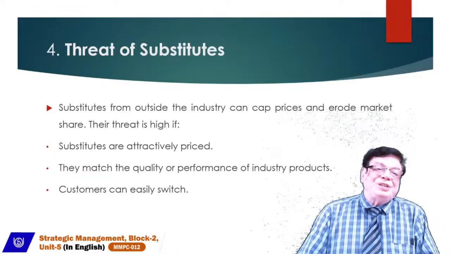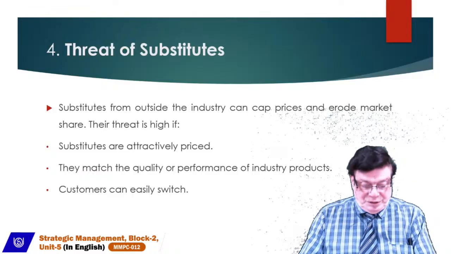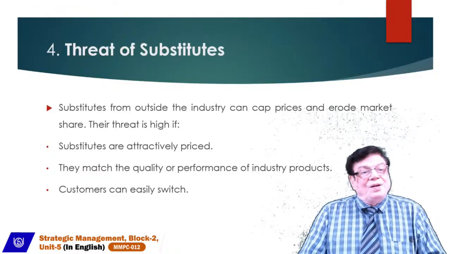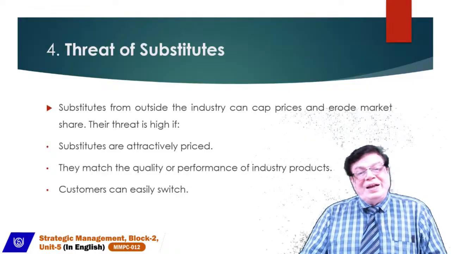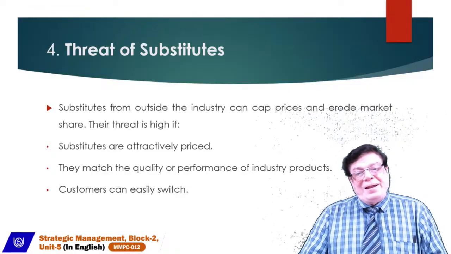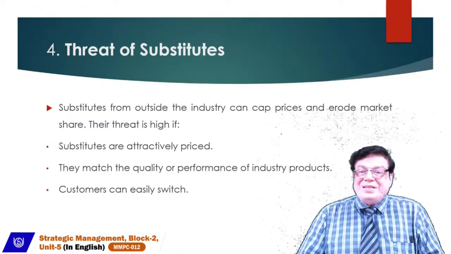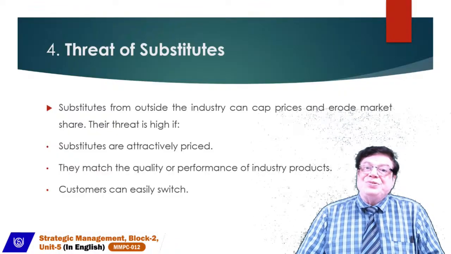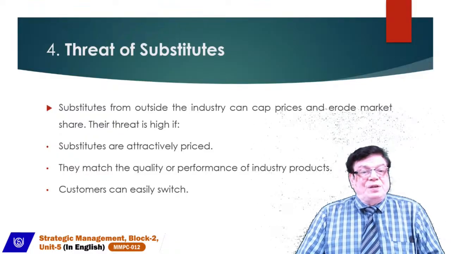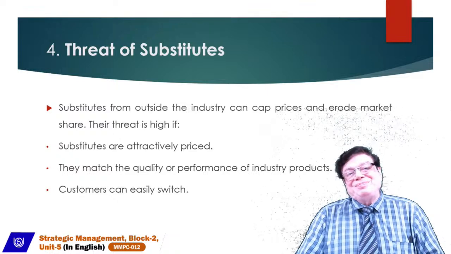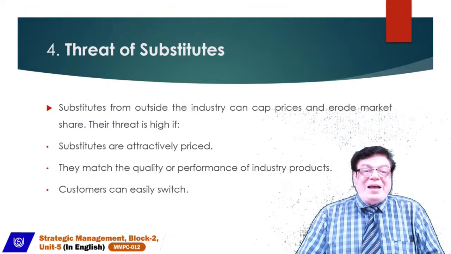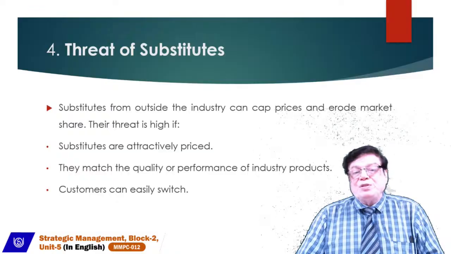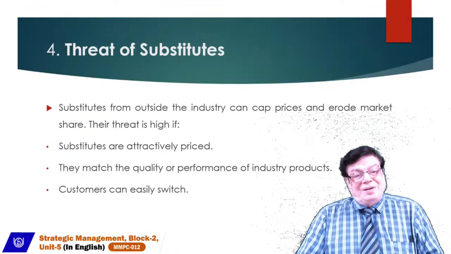Next force is threat of substitutes. Substitutes from outside the industry can cap prices and erode market share. Their threat is high if substitutes are attractively priced and match the quality or performance of industry products.